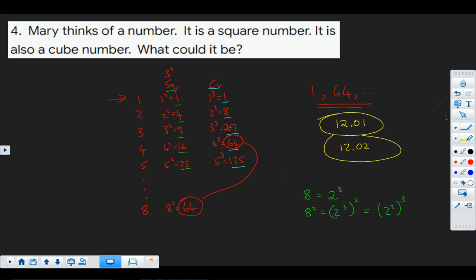So if I take 27, which is 3 cubed, then 27 squared is 3 cubed squared, which is the same as 3 squared cubed, which is 729. So if we square any of our cube numbers, then they are going to appear in both lists.